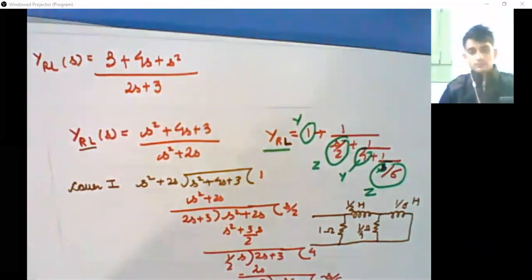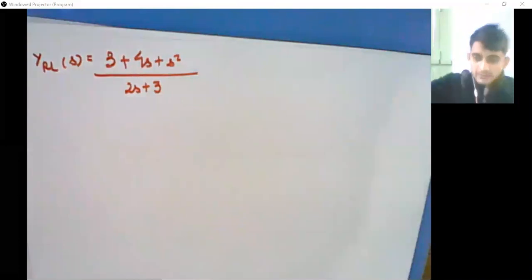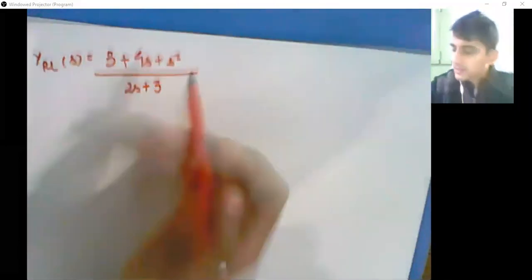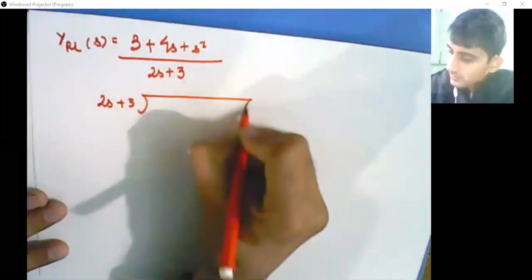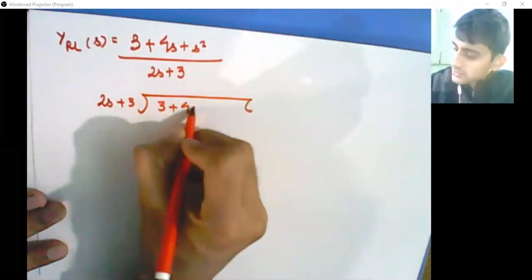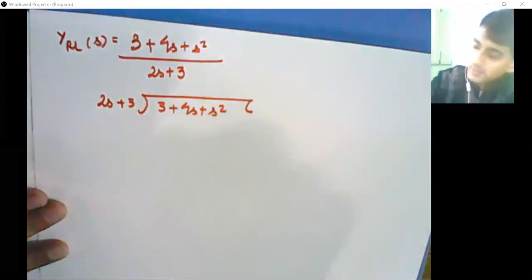Okay. You start dividing. Try to eliminate the lowest degree. So you'll be left with 2S plus 3 plus 4S plus S square. You try to eliminate that.